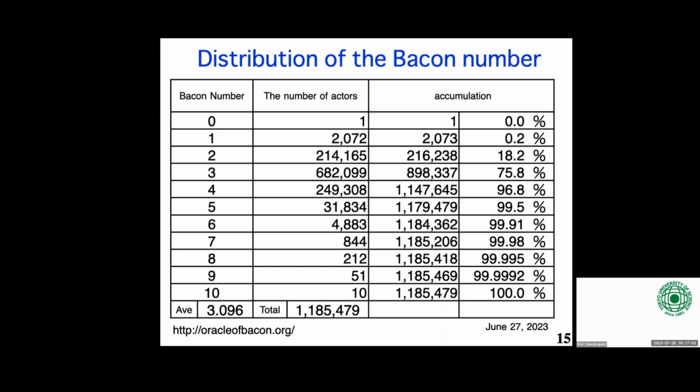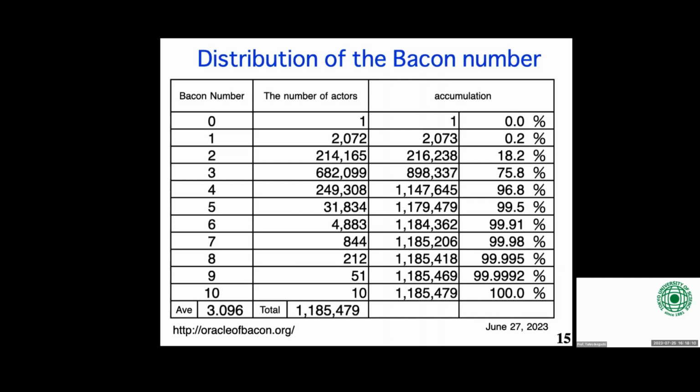And third, there are 214,165 actors with Kevin Bacon number 2. Thus, the cumulative number of actors up to Bacon number 2 is 216,238. Repeating this process, we can obtain this table.